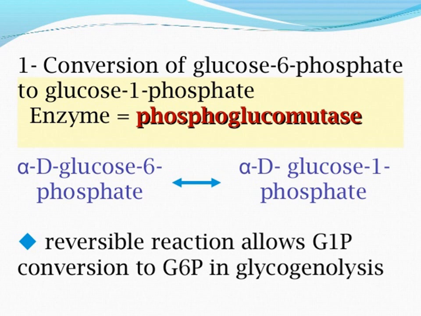Remember, this is a reversible reaction in which glucose 1-phosphate may again be converted into glucose 6-phosphate. This allows glucose 1-phosphate conversion to glucose 6-phosphate in glycogenolysis. Glycogenolysis is the reverse of glycogenesis.